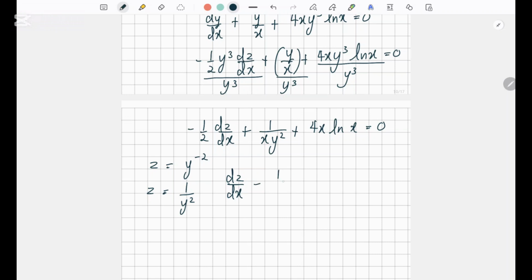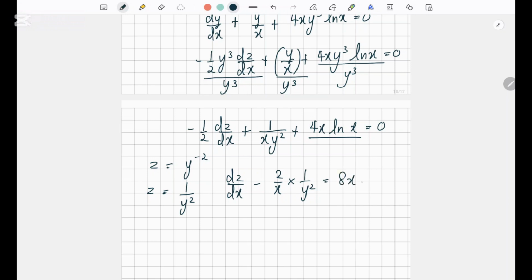minus 1 over x into 1 over y squared, I'll write it like that, into 2, so I'll just put the 2 over here, equals, so I'm taking this onto the right side. Now when you multiply it by minus 2, so this becomes minus 8. When it goes onto the other side, it's just plus, right?